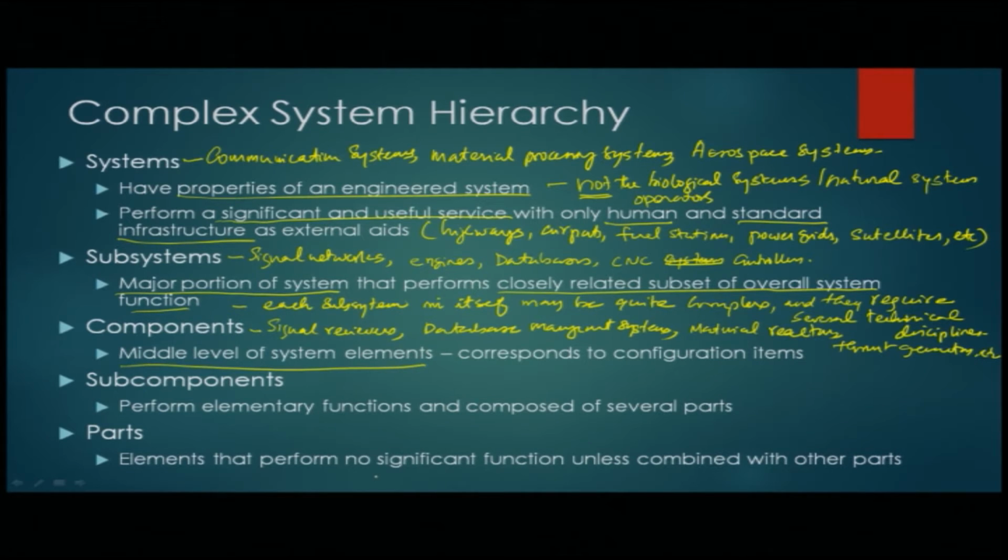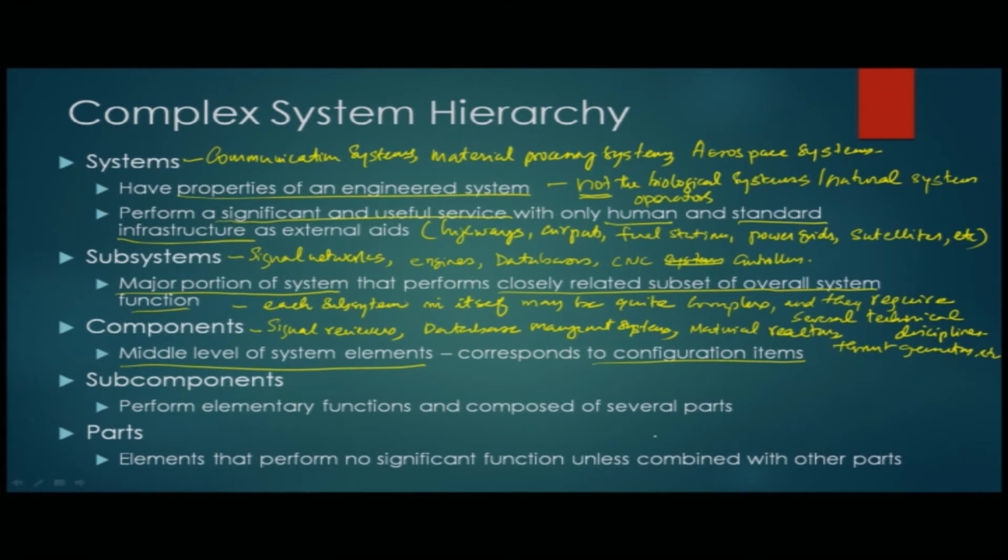They are the middle level of system elements, and they correspond to configuration items. So they do some major task as part of the subsystem. For example, the thrust generator helps the engines to generate the thrust, which provides the propulsion function of the aerospace system.